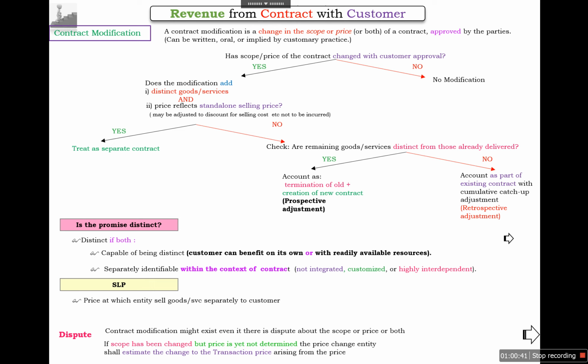So it is not, because the work is single. The contractor is building a bridge and is asked to widen it. So the modification in scope is not capable of being distinct. So we need to check if it is not distinct. In that case, we need to do the retrospective treatment.